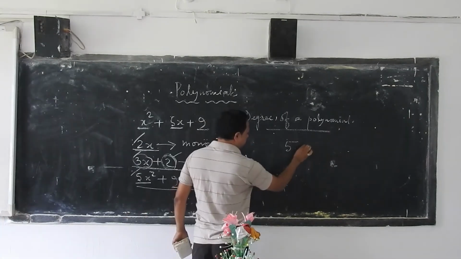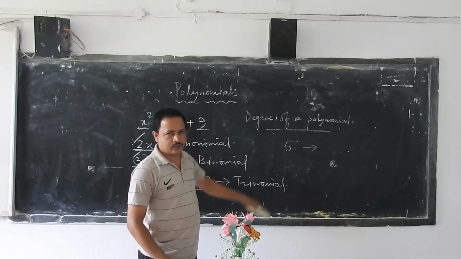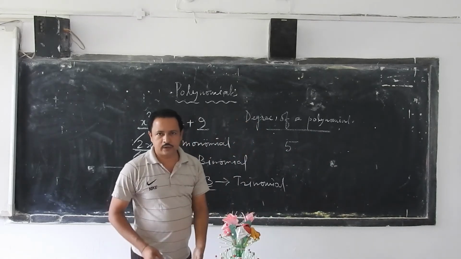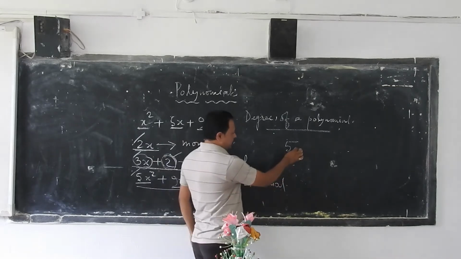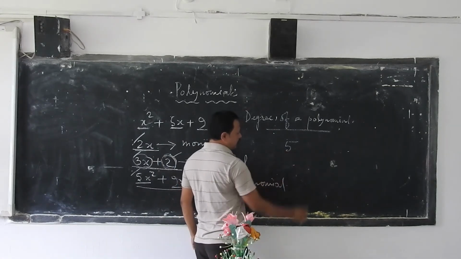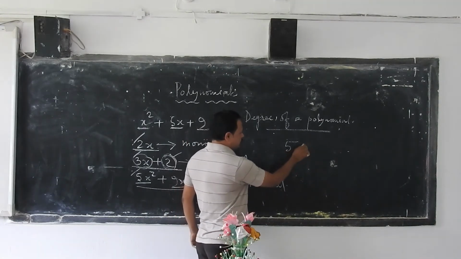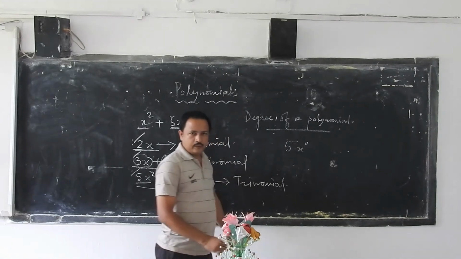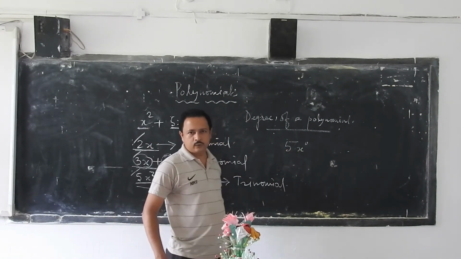Now, this one is only 5, it is a constant term. What will be the degree of a constant term? Since a variable is not there, we can write here x to the power 0, because we know x to the power 0 is equal to 1.